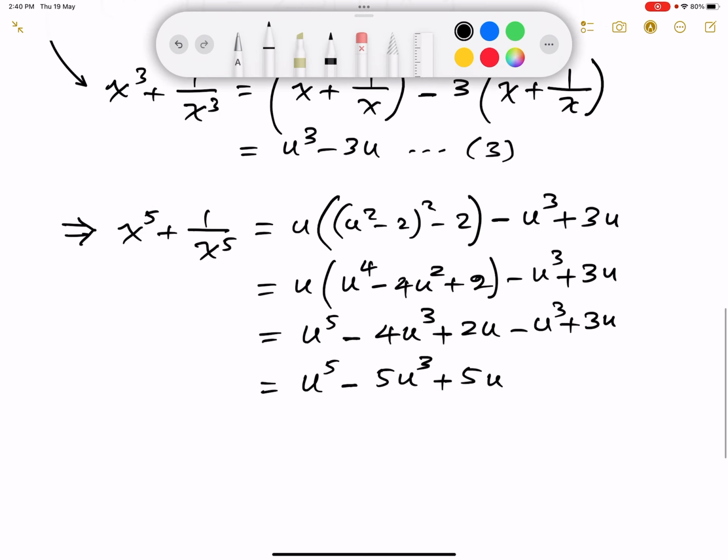And with that, we can get an explicit mathematical expression for f of x.